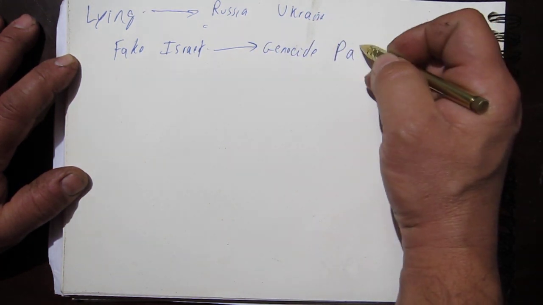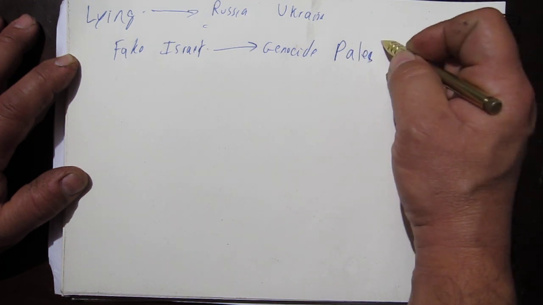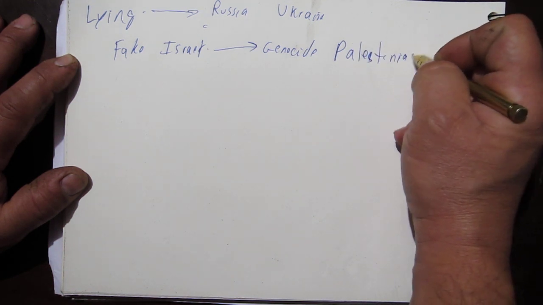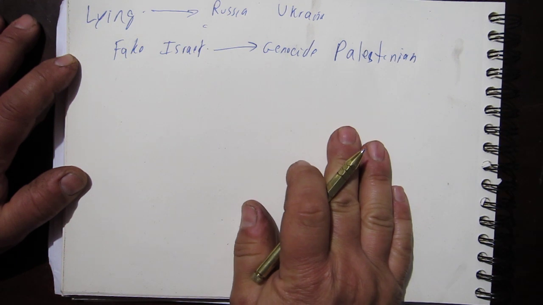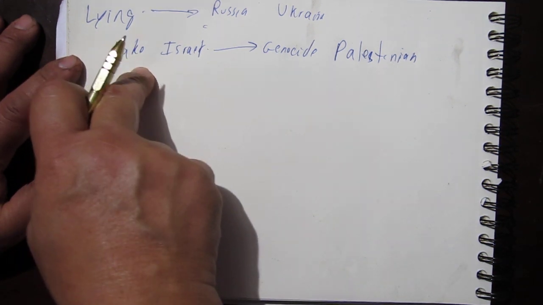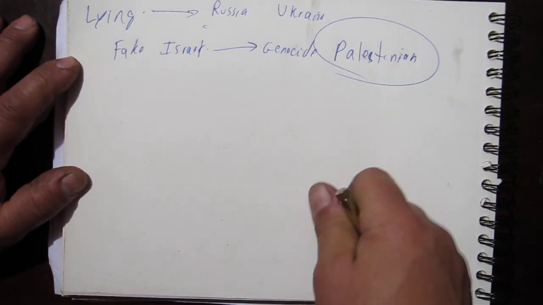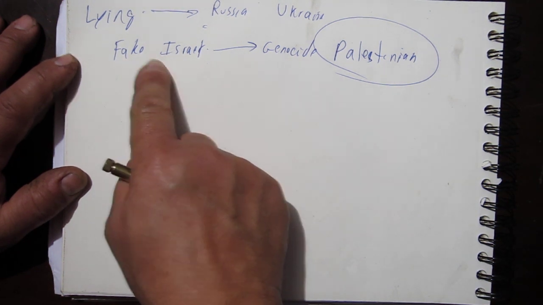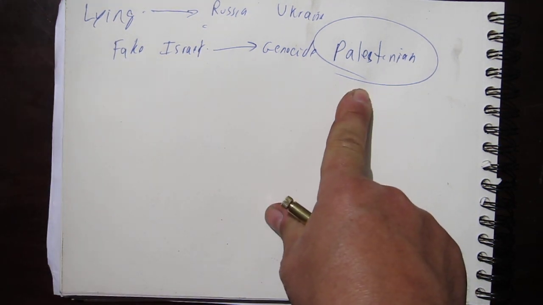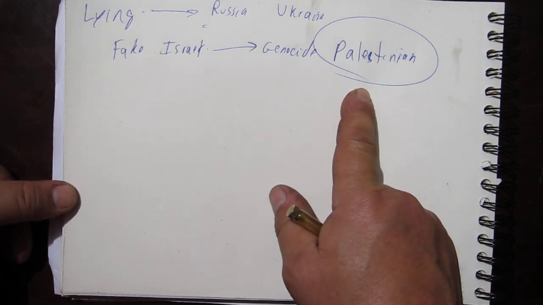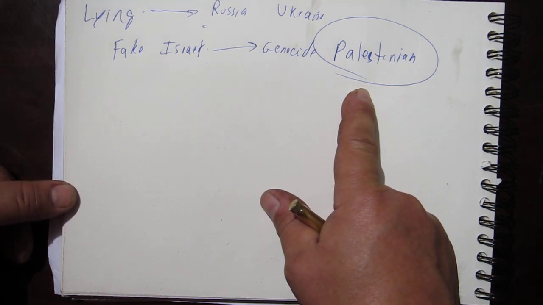Now, if you understand how God does things, then you're probably going to say to yourself, well, if that's fake Israel, then who are the Palestinians? If you ask the fake Israel people, they're going to say that they're the Philistines or descendants. But I think there's a little more to this story that we don't know.